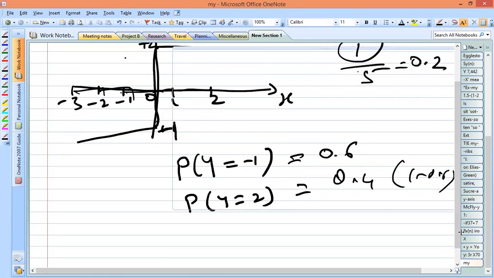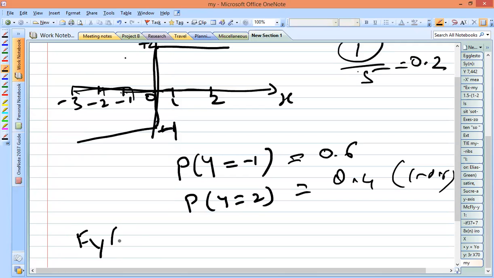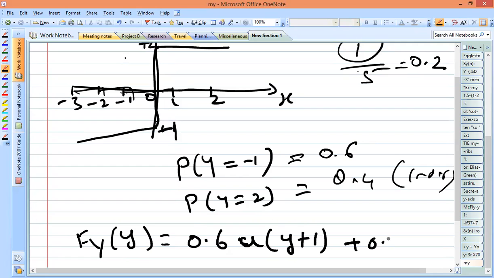Having this, now you can go for writing the CDF equation. As we know, the CDF can be expressed in terms of the unit step function, whereas the PDF can be expressed in terms of the delta function. So you can write Fy of y as 0.6 u of y plus 1, plus 0.4 u of y minus 2.